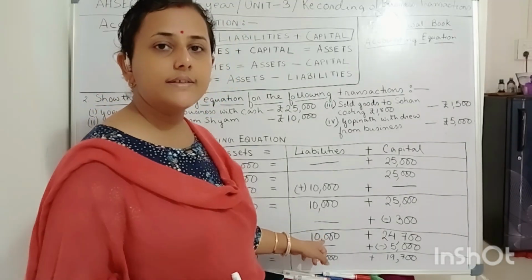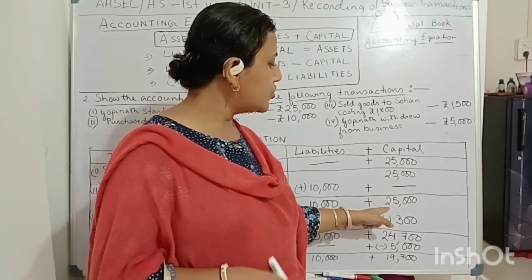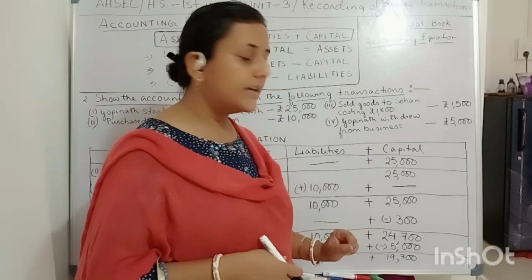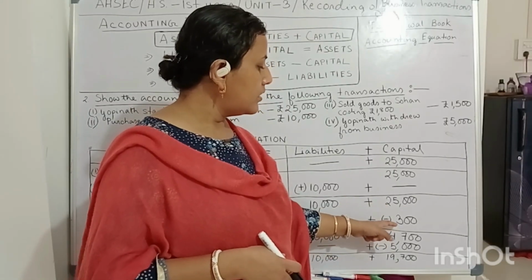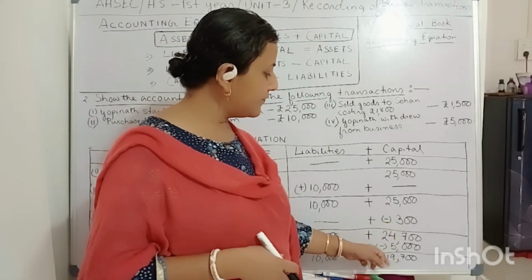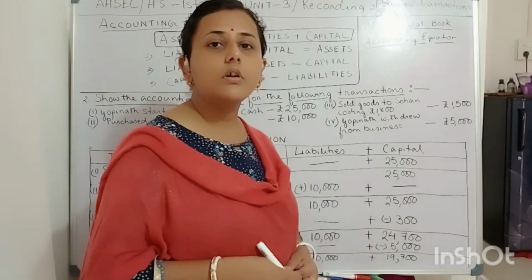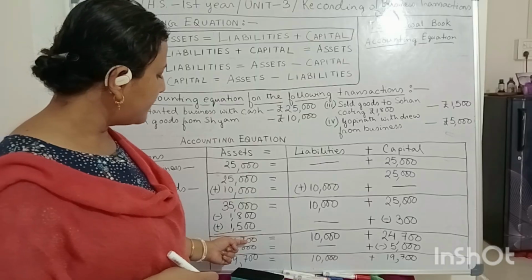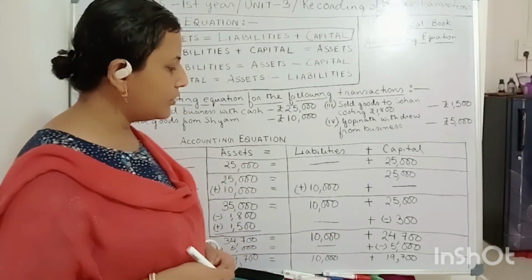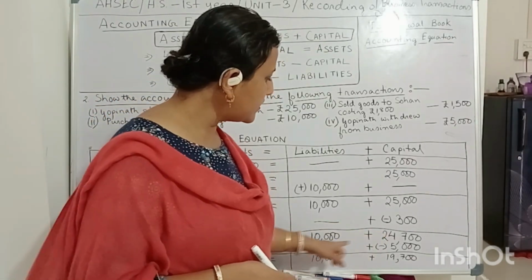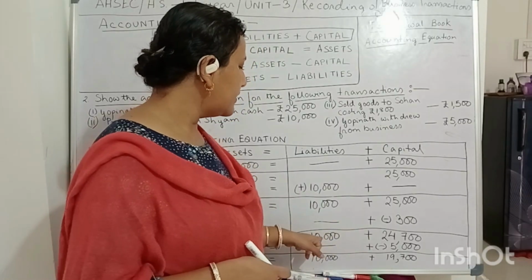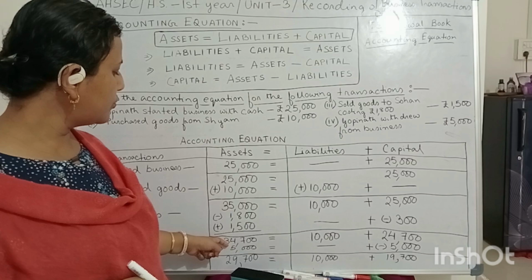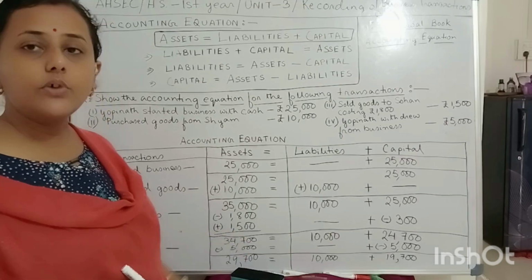The 10,000 you put as it is. Here it is 25,000. Minus 300, you will get 24,700. So now you see, are the left hand side and right hand side equal or not? Yes, it is 34,700 on one side, and on the other side also it is 34,700.